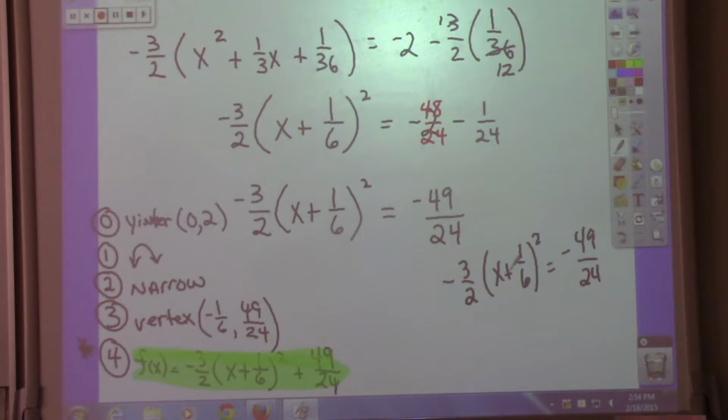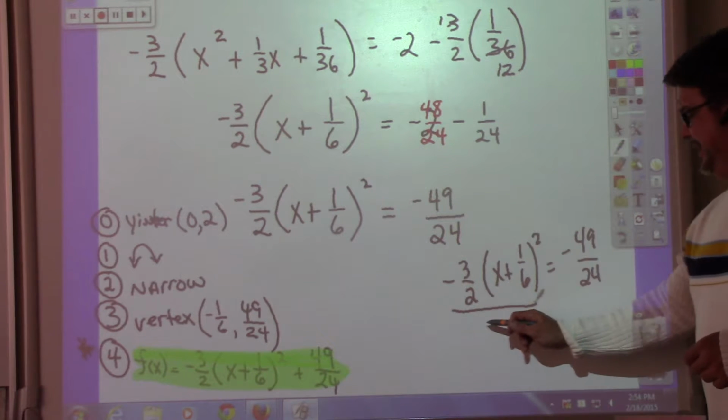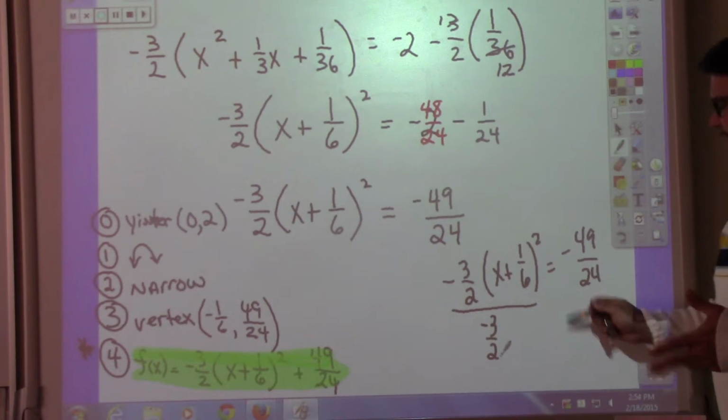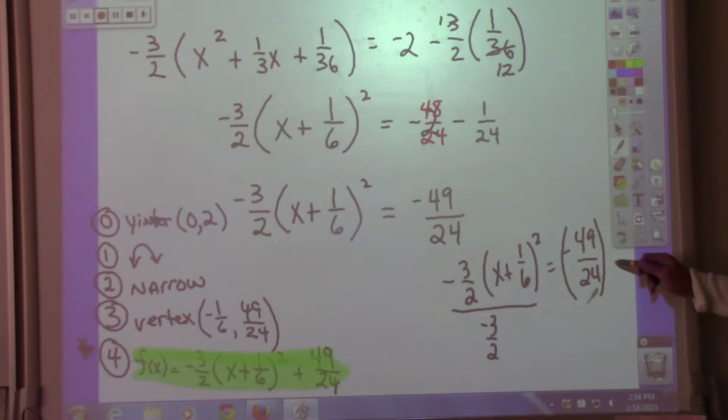Okay? All right. Divide by negative 3/2. You multiply by negative 2/3. And what's 3 times 24? 72. I was hoping it'd come out to be a nice number, but it's not. Oh well, we'll have to rationalize.